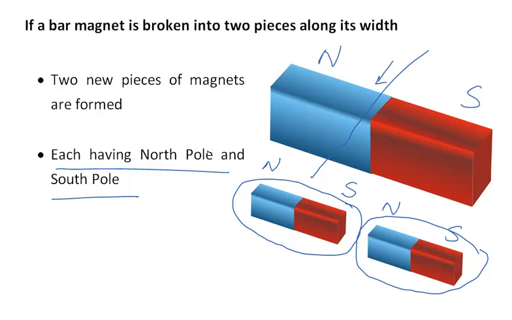You do not get a north pole and south pole separately. This is how nature works. Every time you find a magnet, that magnet will have north and south pole together. It does not matter whether the size is big or small.